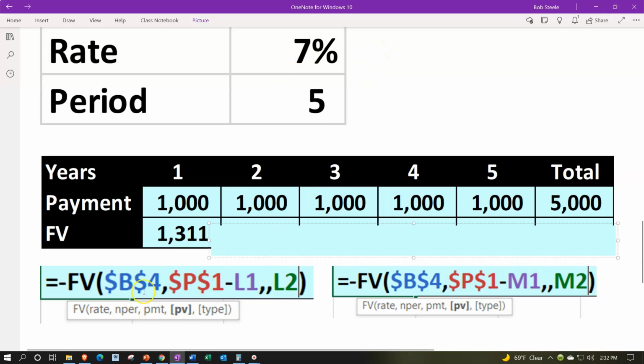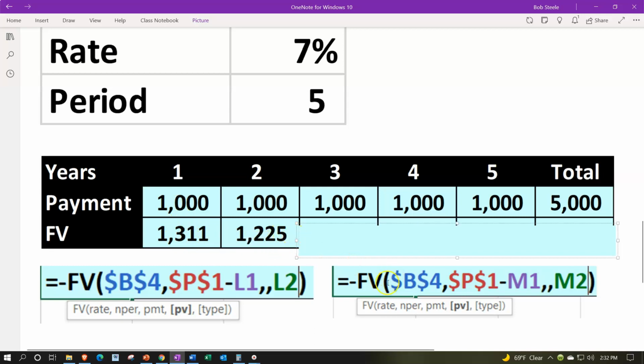Number of periods is now going to be this cell, 5, which is an absolute reference, minus this cell, which is 1, which is not absolute reference, because when I move this cell to the right, I want the 1 to move to the right to the 2, but the 5 not to move, the result there being 4 in this one. And then comma, and 2 commas, because there's no payment, and the present value is the 1,000 discount, or not discounting it, bringing that into the future 4 periods gives us the 1311.